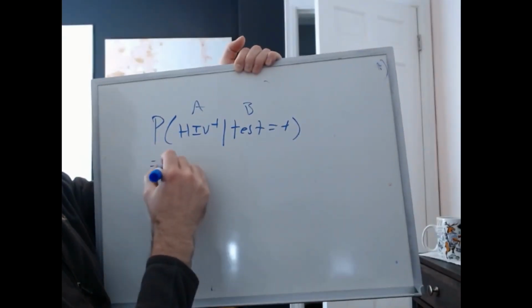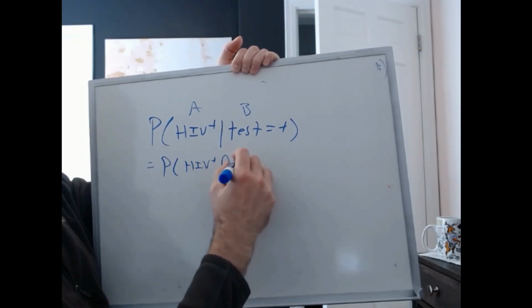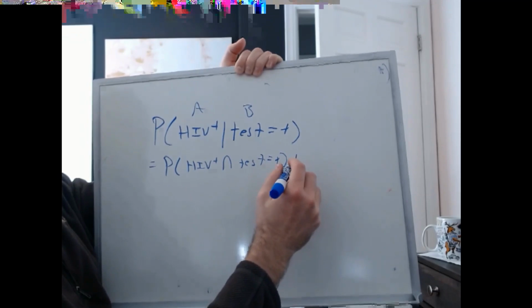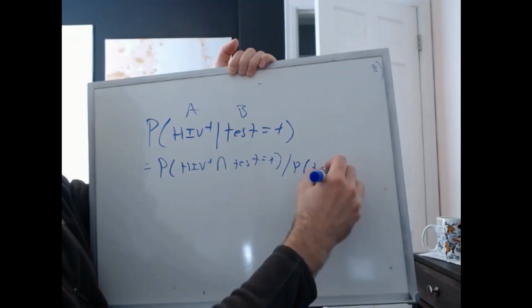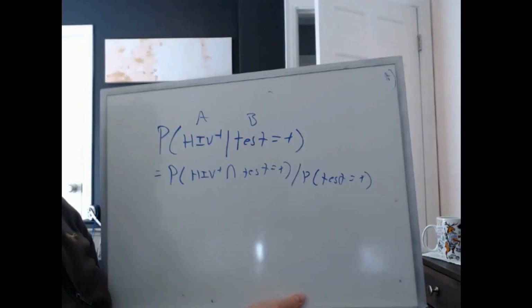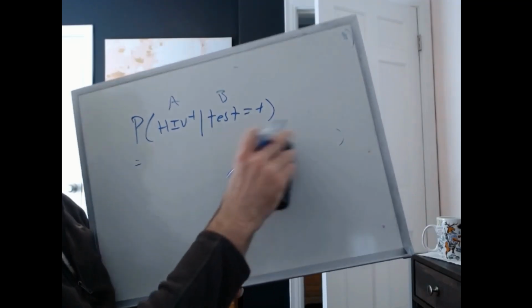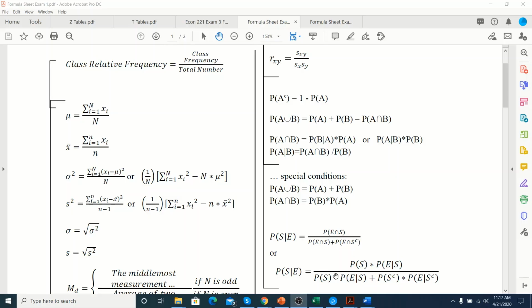So if I look at what I'm looking for, this is my A, this is my B. I can rewrite this as the probability of A and B, divided by the probability of B, what I'm conditioning on. But the problem is, if I look back at what I was given, I don't have either of these pieces of information. So if I'm looking for a conditional probability, and I write that out and I can't do it, it's probably a pretty good indicator I need to use Bayes' theorem here.